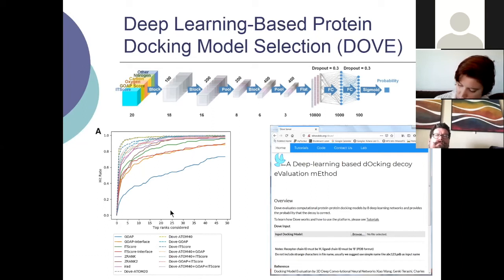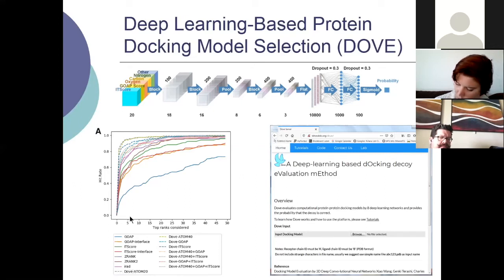I don't remember the number of target complexes we used, but for each target protein complex we have hundreds of models, and those models for a particular protein complex are sorted by a scoring function like GOP, and then we check if the top n ranks, let's say up to top 5, include any good model or not.